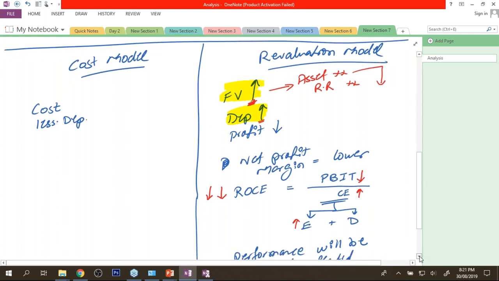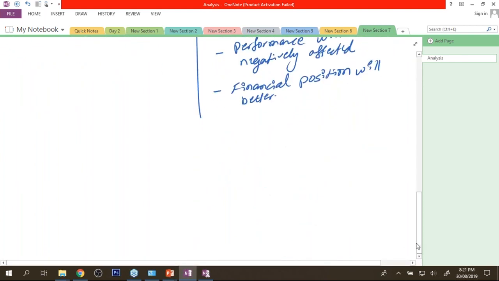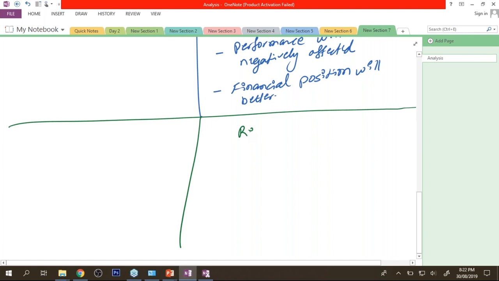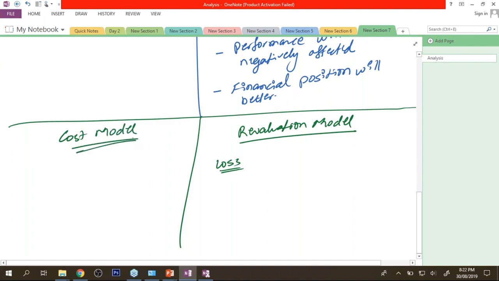Okay, now what if I say that there was a revaluation loss in case of the revaluation model? We are still on the revaluation model, and this time we have a revaluation loss. Now, as compared to the cost model, which model will be better?